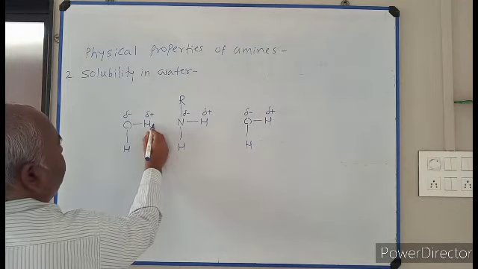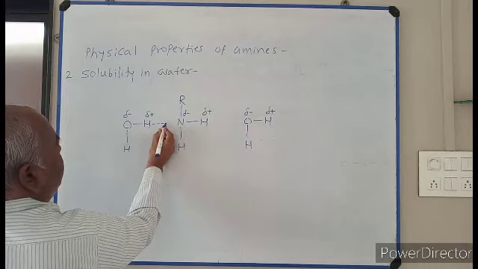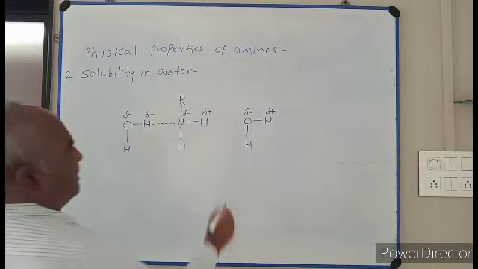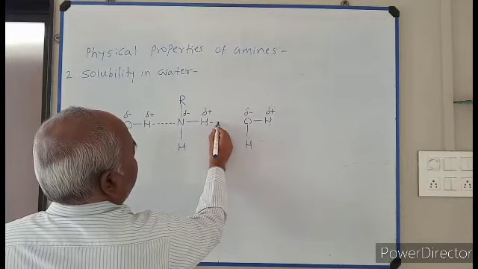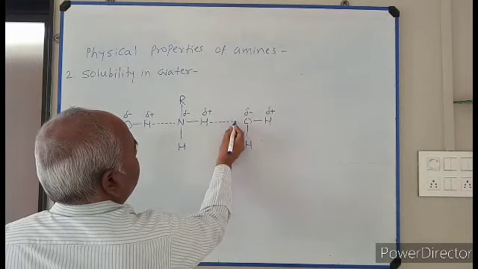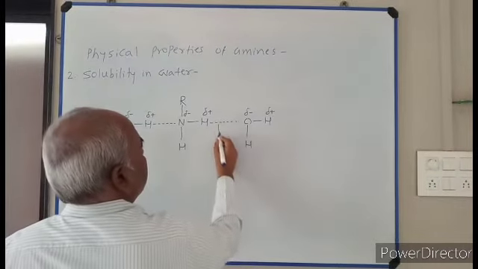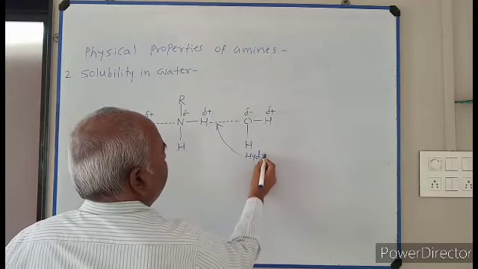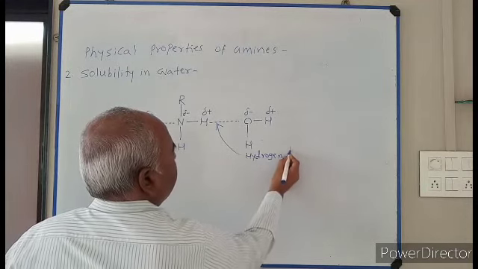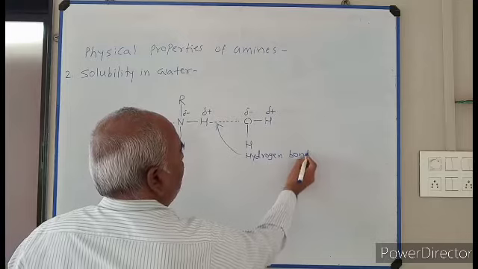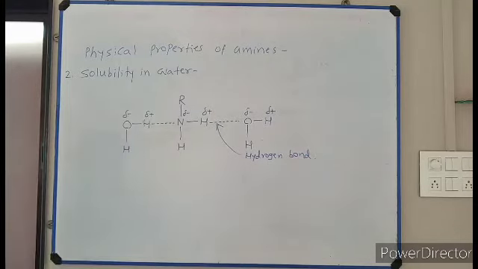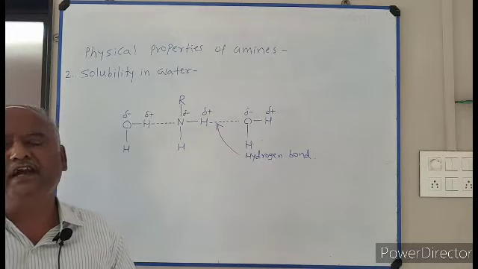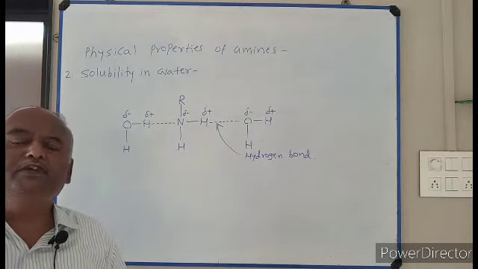The positively charged hydrogen attracts negatively charged nitrogen. Similarly, the positively charged hydrogen attracts negatively charged oxygen. This is called hydrogen bond. Primary, secondary and tertiary amines form hydrogen bonds with water. Therefore, lower aliphatic amines are soluble in water.